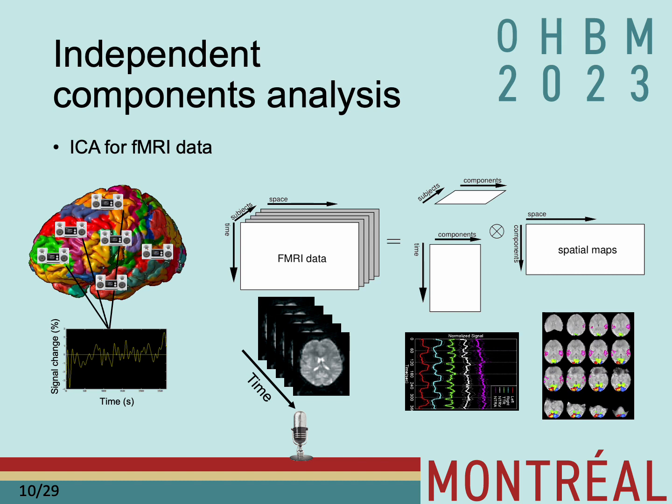So they concatenate images from different subjects and perform group ICA to identify spatial maps and corresponding time series over a group of subjects. And then by performing a back reconstruction strategy, you can get subject-specific time courses and spatial maps.